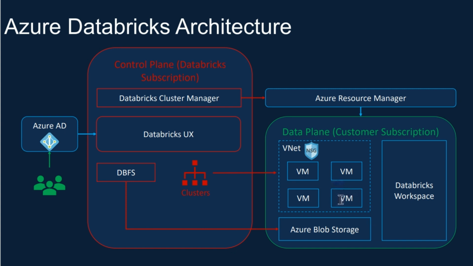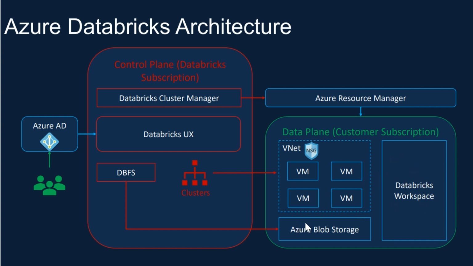When you create a Databricks service in Azure, there are resources created in your Azure subscription: the virtual network and the network security group, Azure Blob Storage for the default storage, and also the Databricks Workspace.